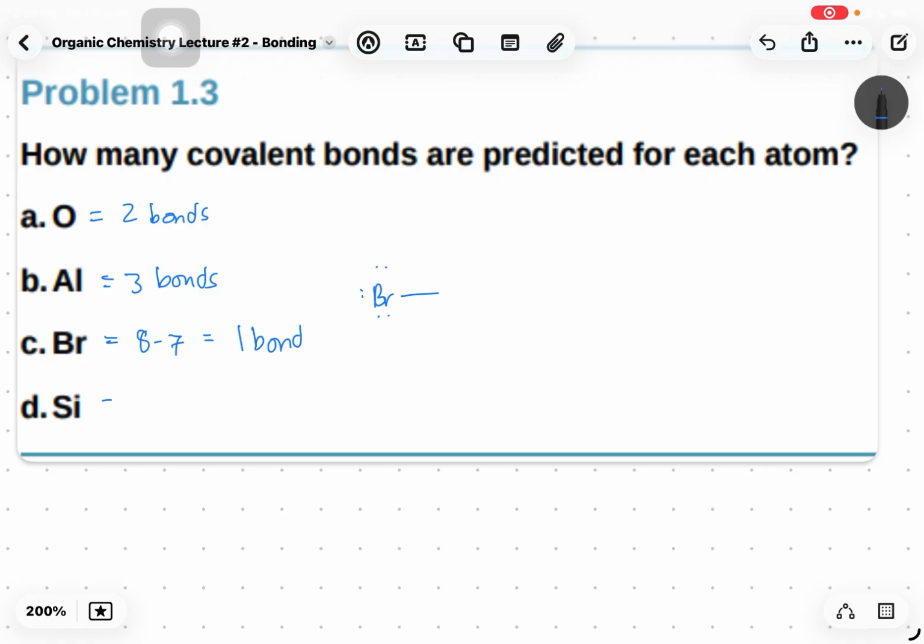How about silicon? Where is silicon? Silicon should be in group 4A, meaning it has 4 valence electrons. Now, what does that tell us? Respectively, from 1 to 4, it should have the respective amount of bonds. So if this is in group 4A, it has 4 valence electrons, meaning it has 4 bonds.